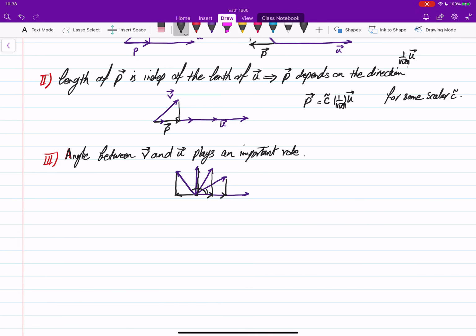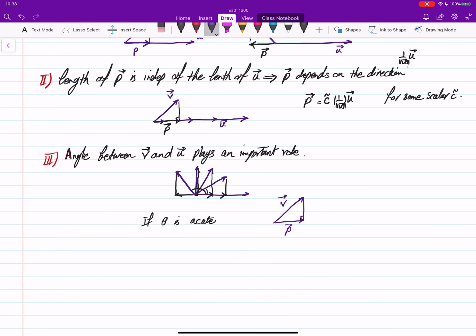Well, see, if theta is an acute angle, then we have this is vector V, then this is vector P, and we know that this is perpendicular.